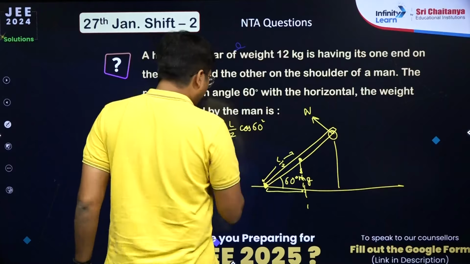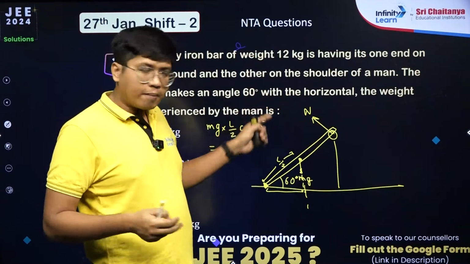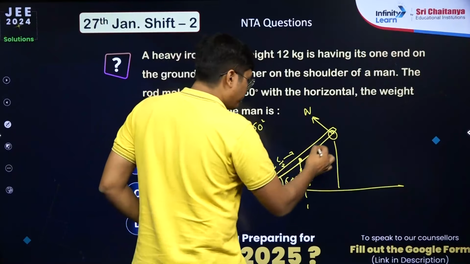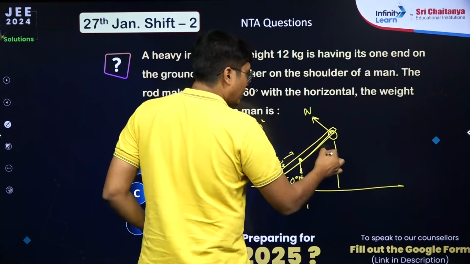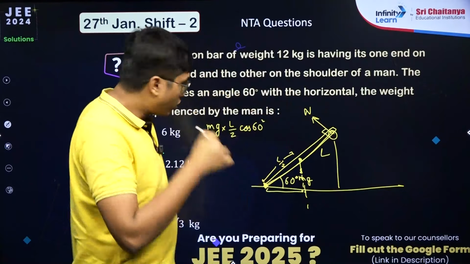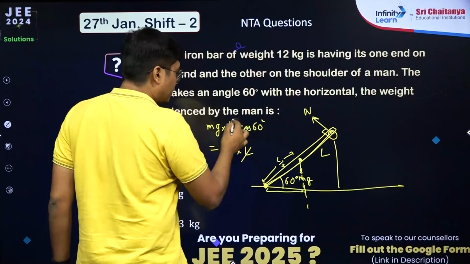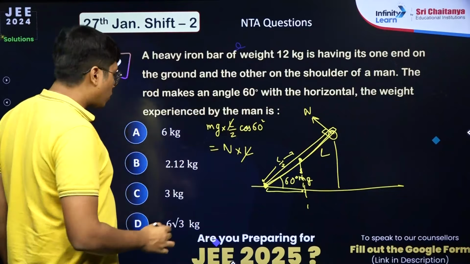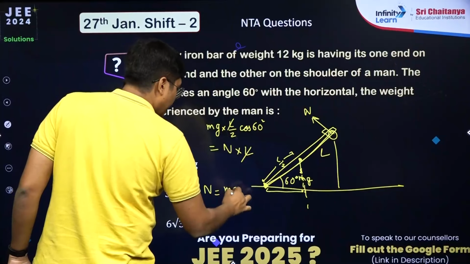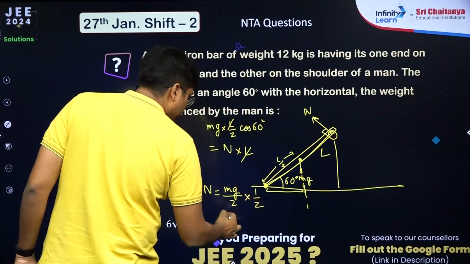And that has to be equal to the counter torque applied by this normal reaction force N, which is at a perpendicular distance of L from the fulcrum, and it is already perpendicular. So you don't need to worry, you can directly do it as N into L. These L's will cancel out. So your normal reaction force N becomes equal to mg by 2 into cos of 60, which is another half.